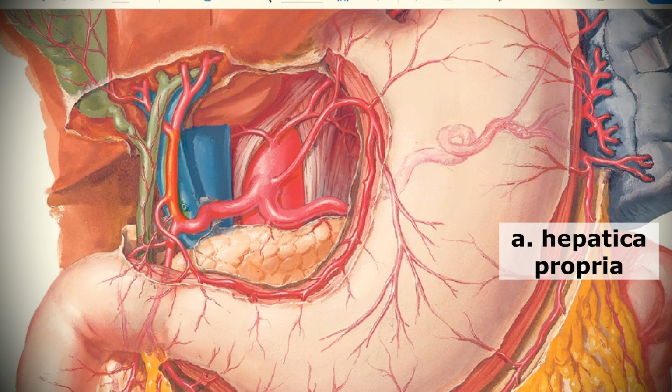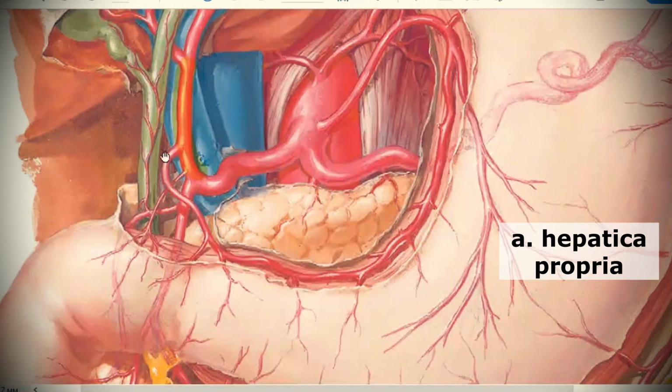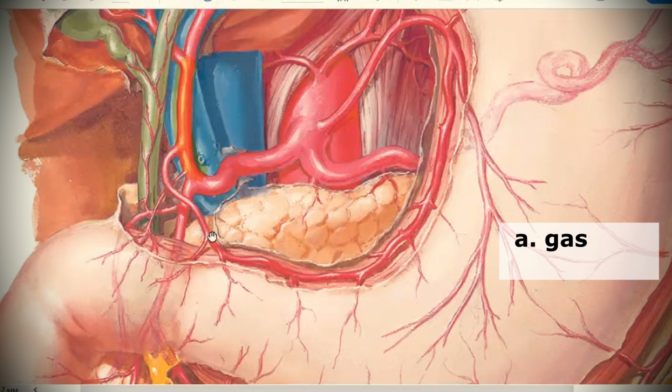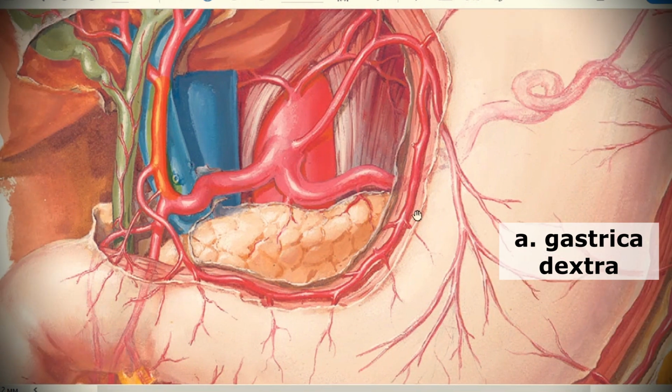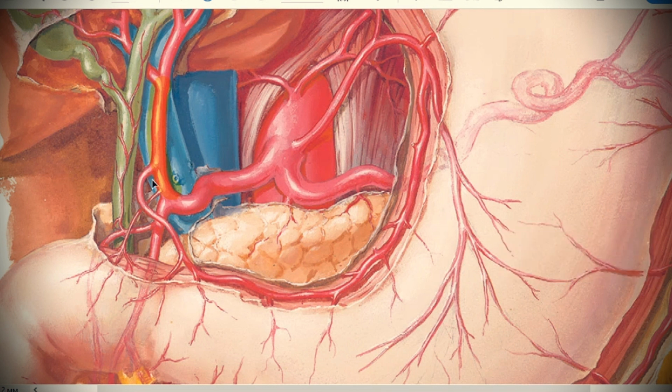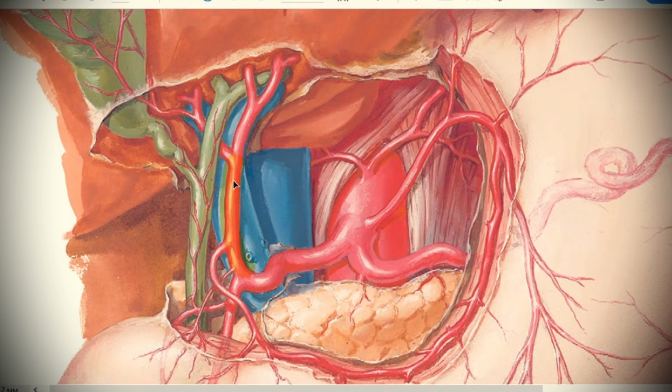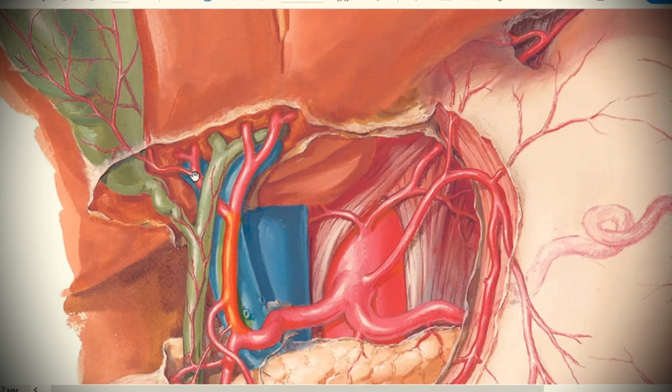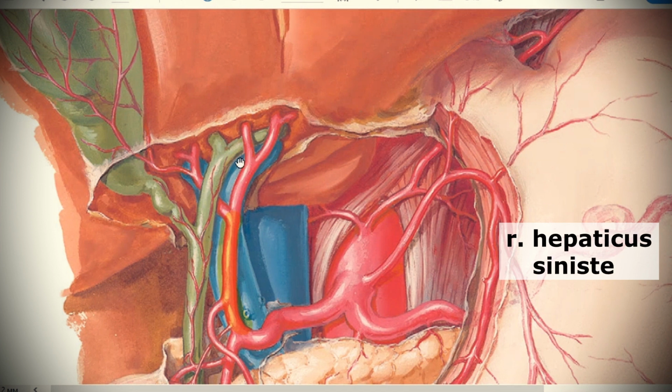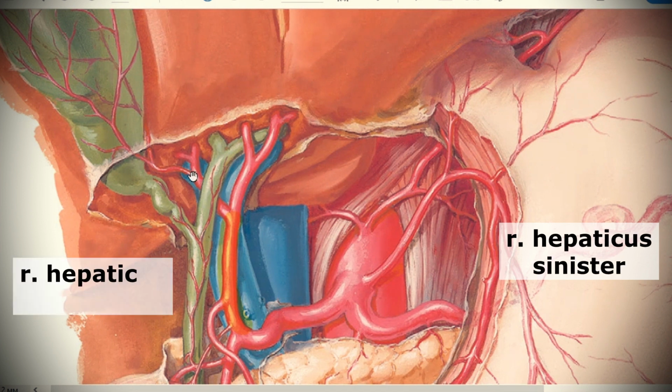The first branch it can give is arteria gastrica dextra, the right gastric artery. It lies on the lesser curvature and makes anastomosis with the left one. It can originate from the common hepatic artery or from the proper hepatic artery. It may vary. Proper hepatic artery goes up and divides into two branches, ramus sinister and ramus dexter.